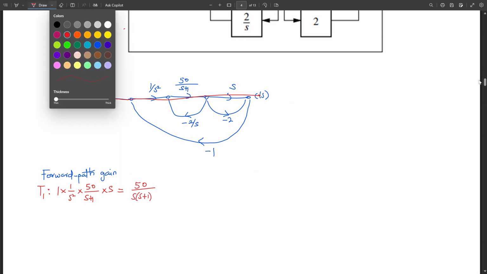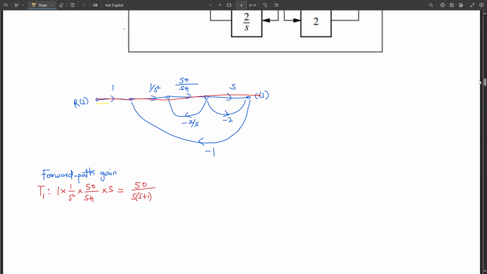Now the second forward path is going to be from this, help me out here, this and that, and that's it. So the forward path gain is 1 times 1 over s squared times minus 2 over s.